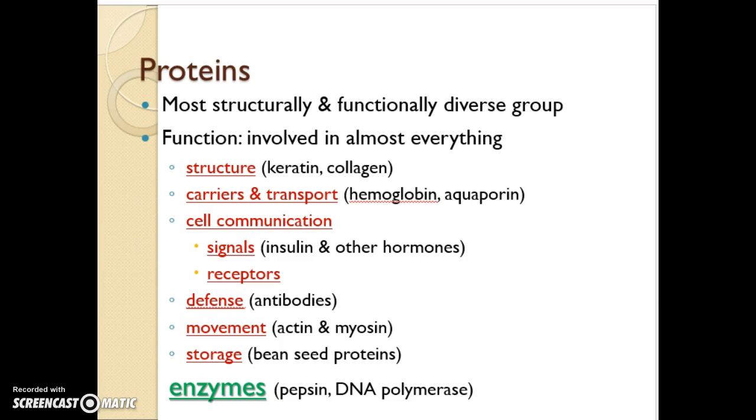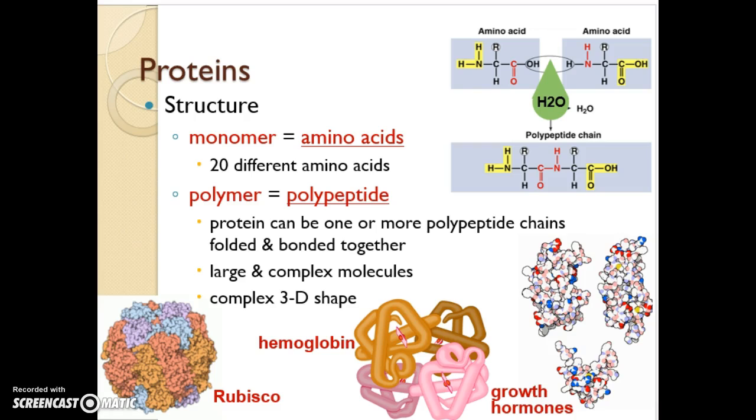As humans, we have tens of thousands of different proteins, and each of them has a specific structure and function. So that structure, again, comes down to a monomer and a polymer. The monomer is an amino acid, and there are 20 different amino acids.